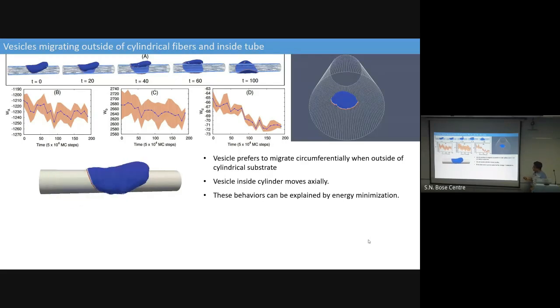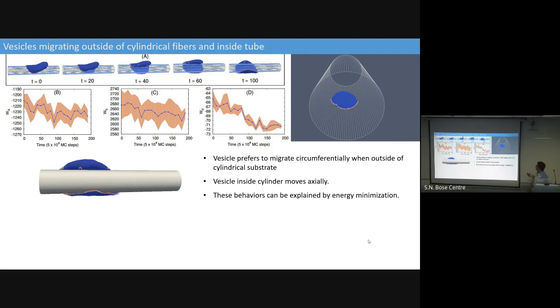So crossing sinusoidal heights at large angle is very similar to the circumferential motion that it is performing, and it is not stable in the axial direction. This can also be seen by measuring the adhesion, bending, and the binding energy between proteins. And the energy is minimum. And in the next slide, I will also explain qualitatively why it prefers to migrate circumferentially rather than going vertically.